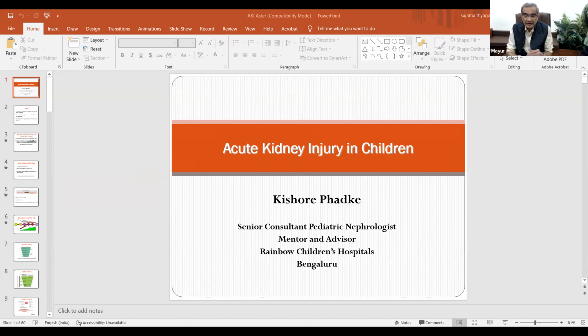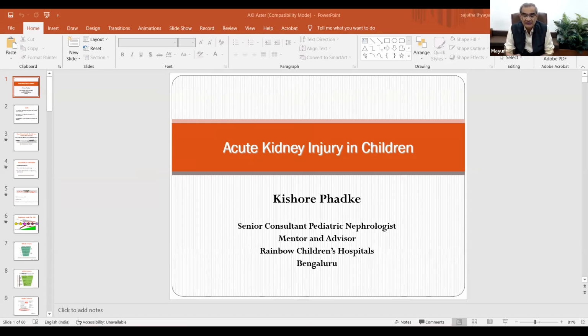So good morning again. Sorry for the delayed start, but let's get going. Let us start with a very common scenario that intensivists would come across. This is a 2-year-old child with sepsis and fluid refractory shock, ventilated and on 2 inotropes.